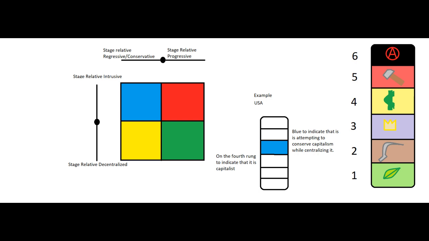As you can see here on the right, we have Marx's 6-stage model of how incentives develop, all the way from hunter-gatherer society to post-scarcity anarchist society at stage 6.